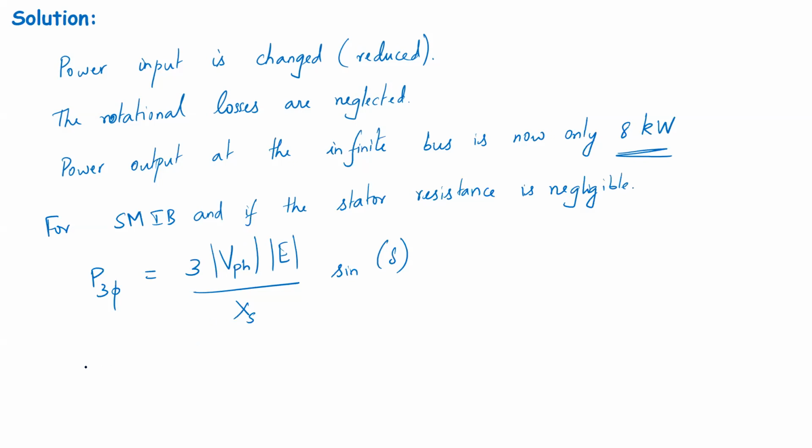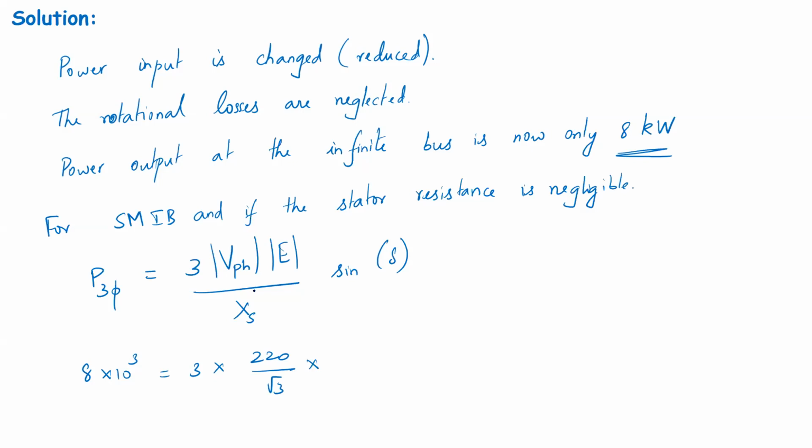For our problem statement, it is 8 kilowatts, which is equal to 3 times 220 divided by root 3 into the magnitude of excitation EMF from part A. It has not changed. Okay.